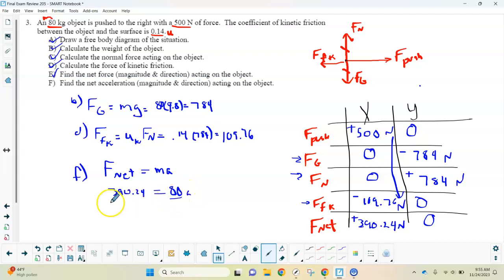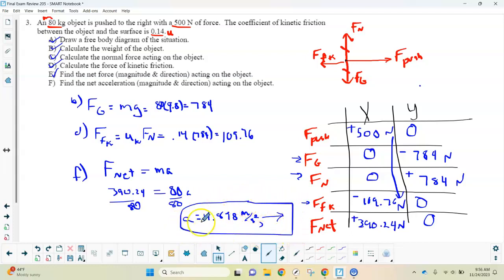So we're going to divide through by 80 on both sides. And if you do that, sorry, my cat is squawking, you'll get something like 4.878. You could round that to 4.88 if you wanted. That's meters per second squared because it's an acceleration, and it goes in the same direction as the net force, which is going to the right. So that is your answer to the last part of this question.